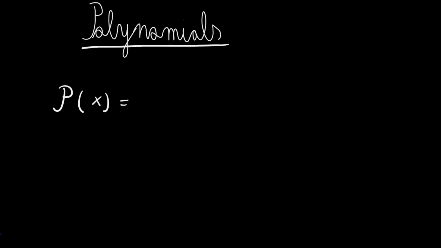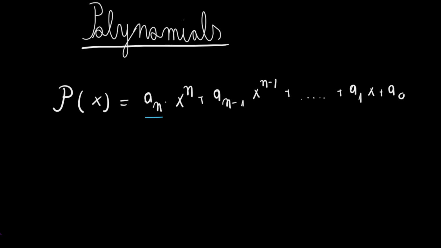So a polynomial is an expression of this type, where a_{n-1} until a_0 are called coefficients.